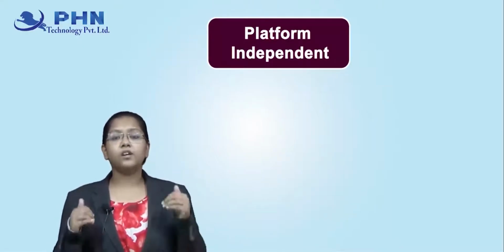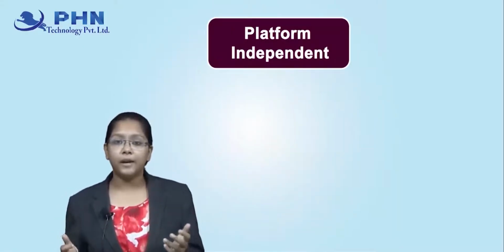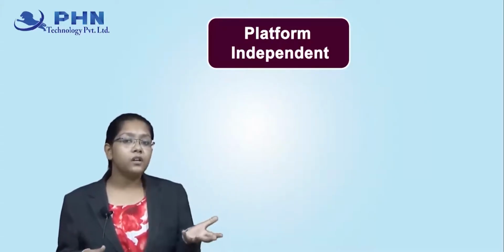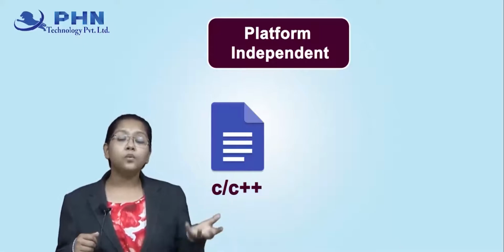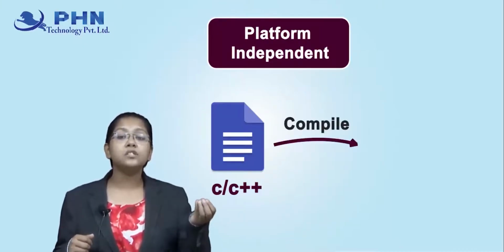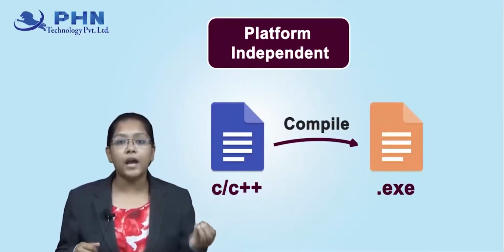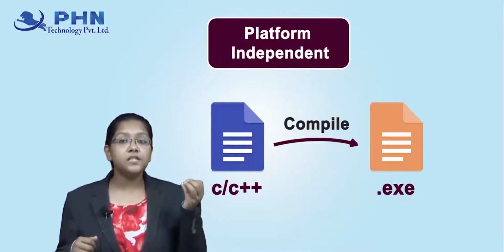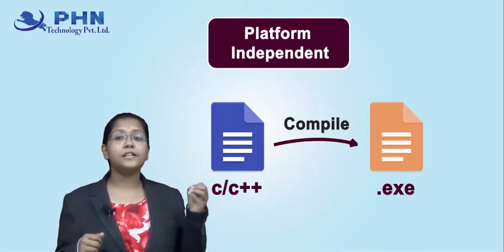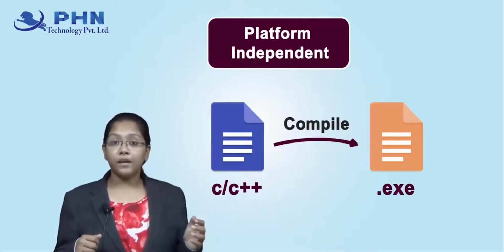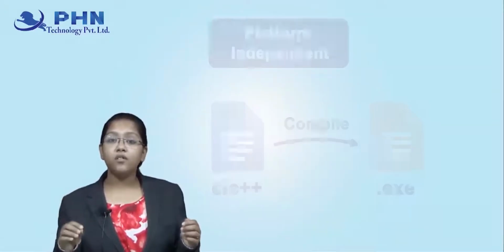Now, coming back to platform independence. Whenever we ran a program in C++, it executed, but it gave me a .exe file, which was specific to the architecture of the operating system. But in Java, what is happening?